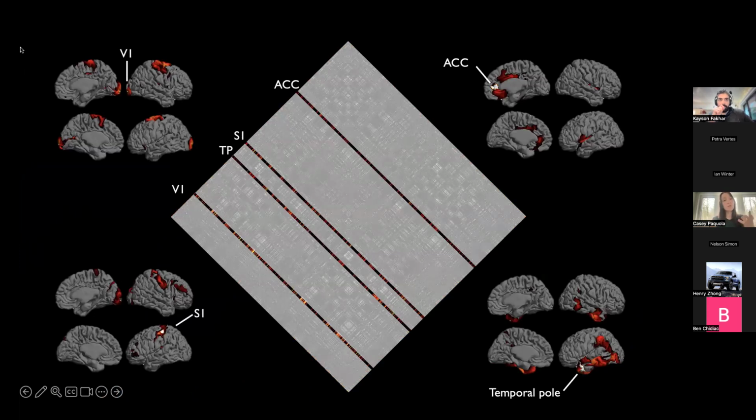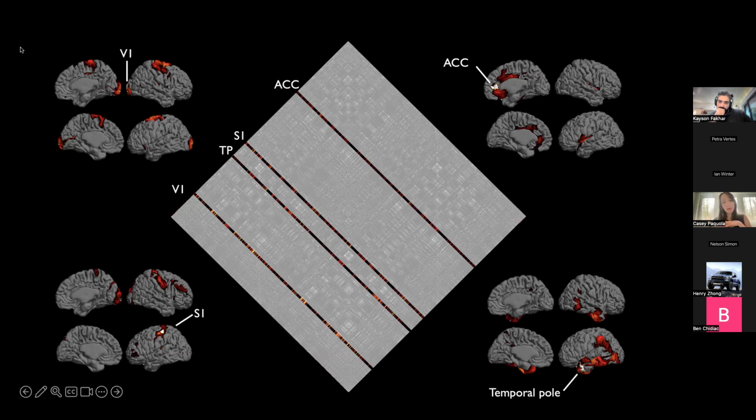correlations here. So you see V1, for example, its cytoarchitecture is quite similar to other sensory and motor areas that are highlighted in red. And you see the same for S1, primary sensory area, also similar to the extended primary sensory area, as well as somatosensory and visual areas. Whereas on the right, you see anterior cingulate, for example, is quite similar to other areas of the cingulate and the insula.